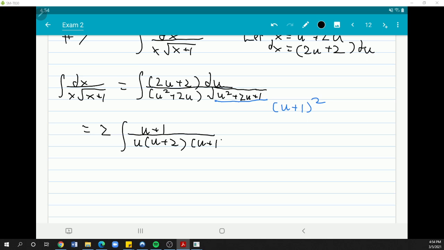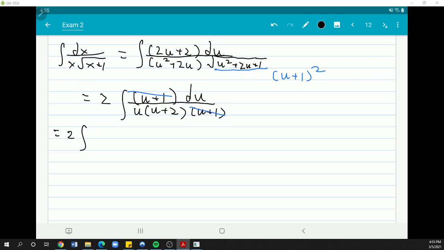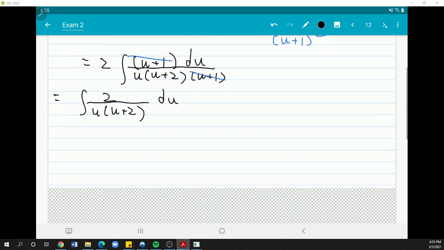So this is just u plus 1. These cancel. And now I'm just left with, let me write the 2 inside instead, that should be easier, 2 over u times u plus 2. But now this is just a partial fractions problem and not even a really hard one.